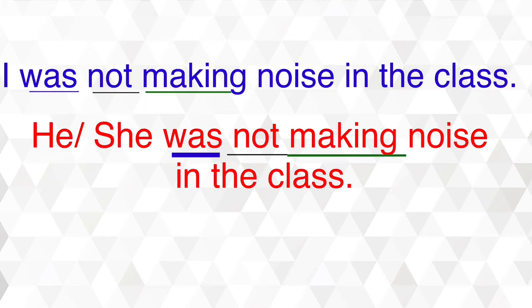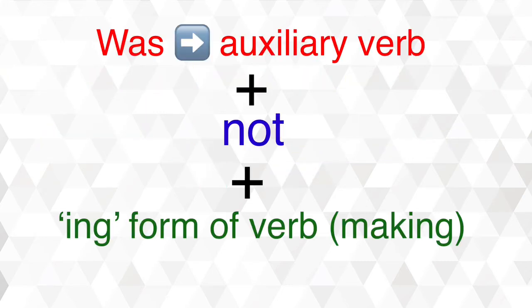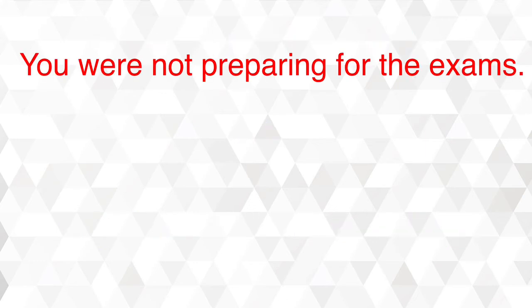She was not making noise in the class. So was is the auxiliary verb or the be form of verb. And it is followed by the word not, which is again followed by the main verb in the ing form. That is making.